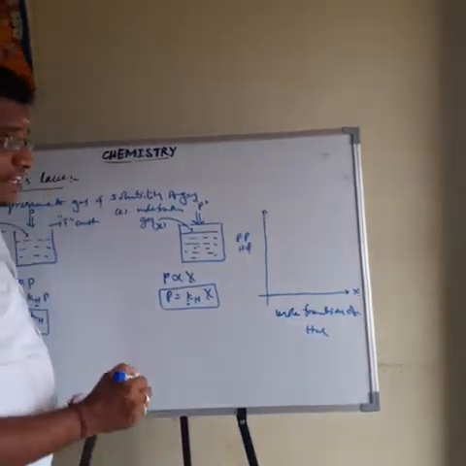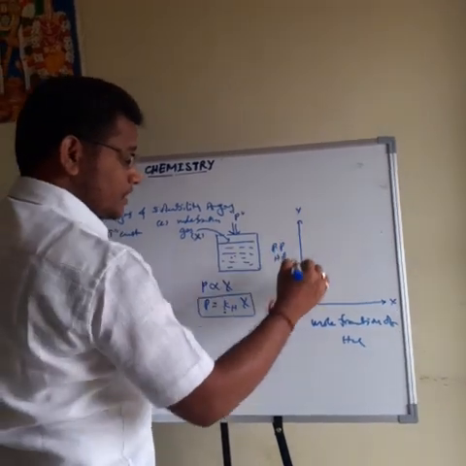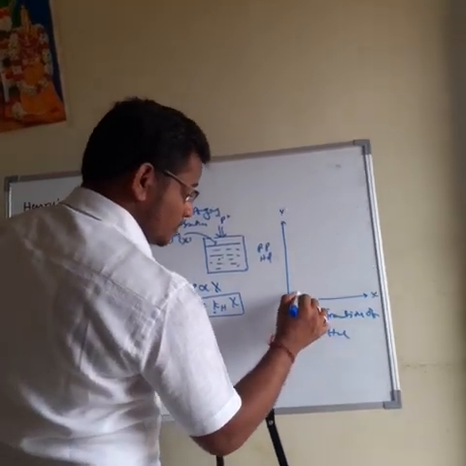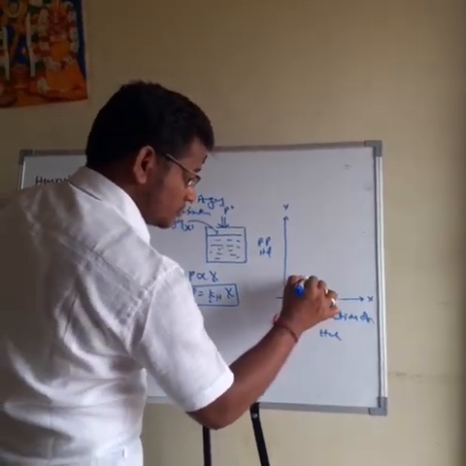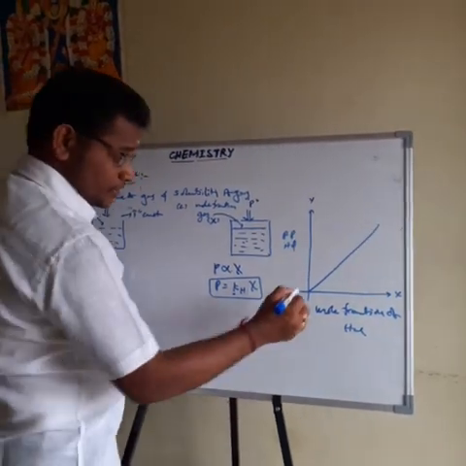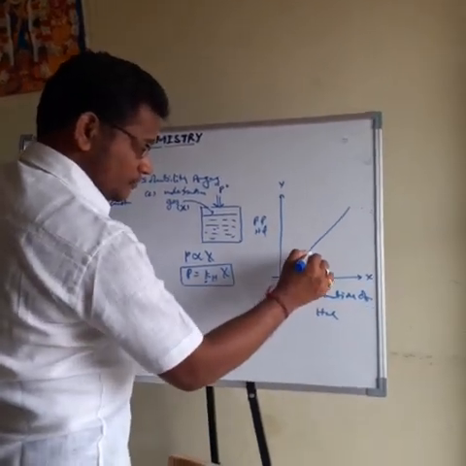Then we obtain a straight line. That means as the mole fraction is increased, we obtain this type of straight line. The mole fraction increases with the partial pressure.